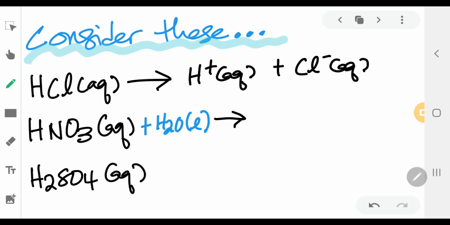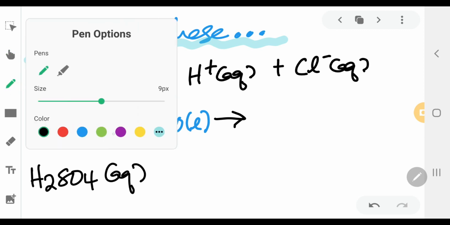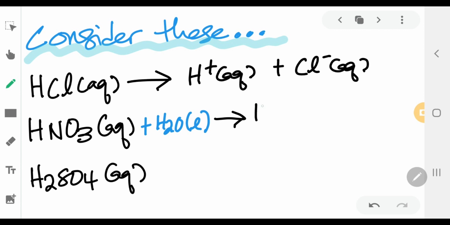But this time, instead of writing your proton, we're going to write the hydronium ion, H3O plus, in aqueous.